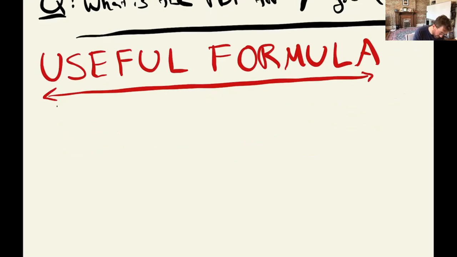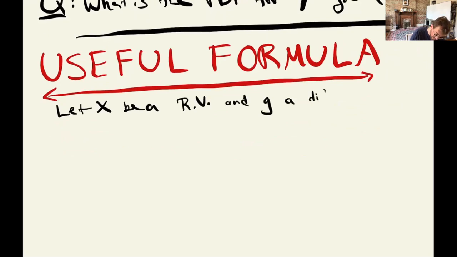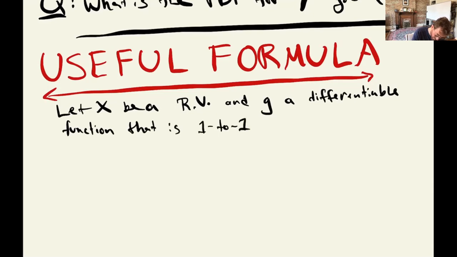So let x be a random variable and g a differentiable function that is one-to-one on its domain.